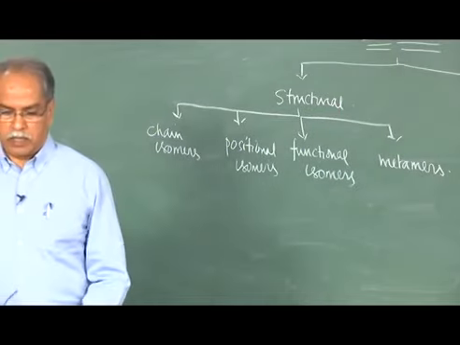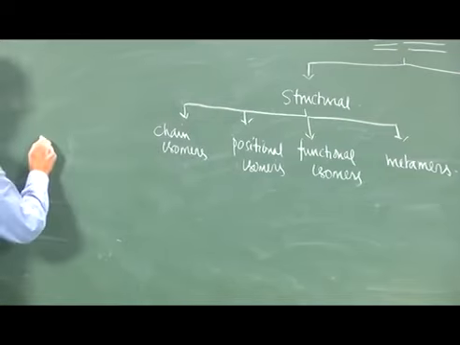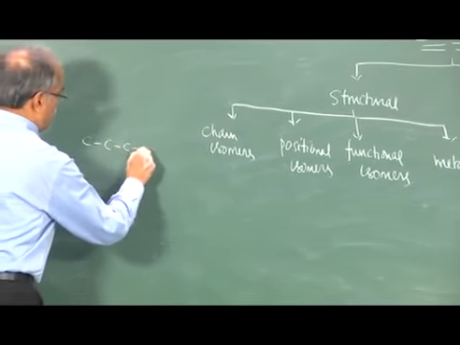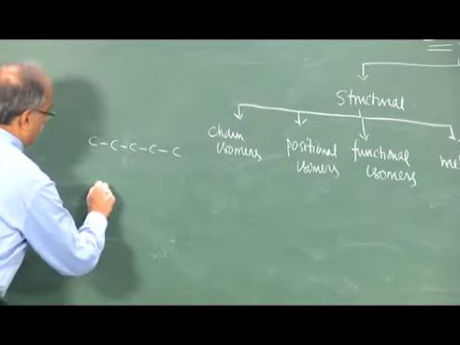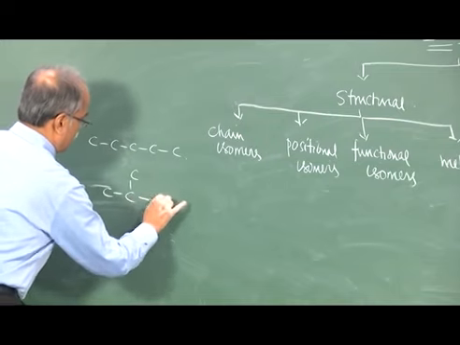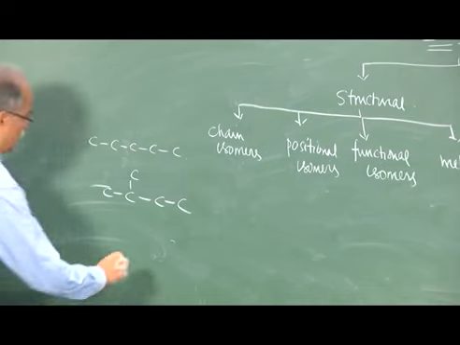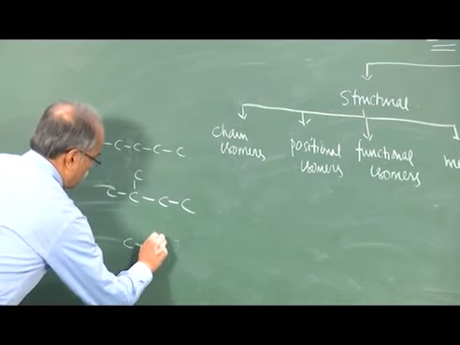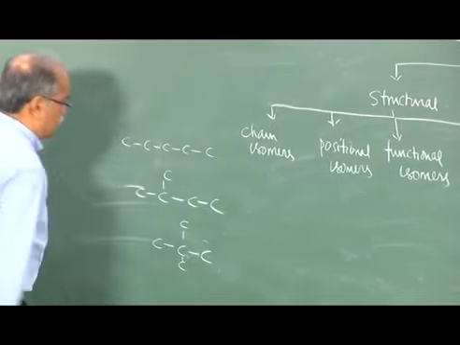Now, if you consider a carbon chain containing 5 carbons, you can have the carbon chain in a linear fashion like this. This would be one possibility. You can have a carbon chain like this with a branching. You can also have a carbon chain which has 2 branchings, for example, like this.